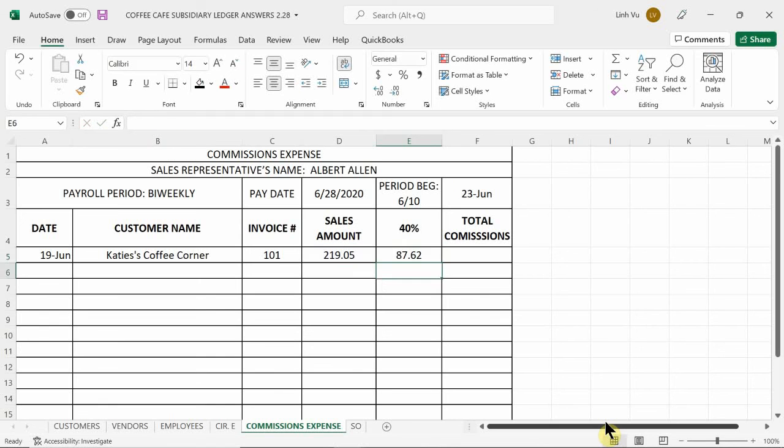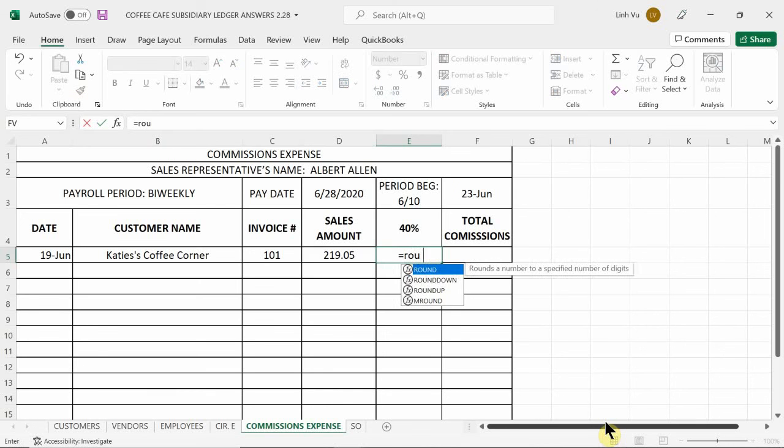40%. Hold on. 219.05 times, not 0.04, just 0.4. It's 40%. 219.05 times just 0.4.